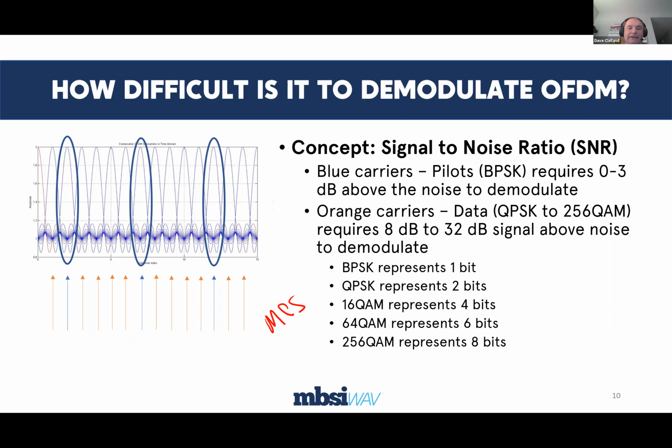The reason it's called a coding scheme is because the symbols in the carriers have some data, and they have some forward error correction, FEC. That's part of each symbol.